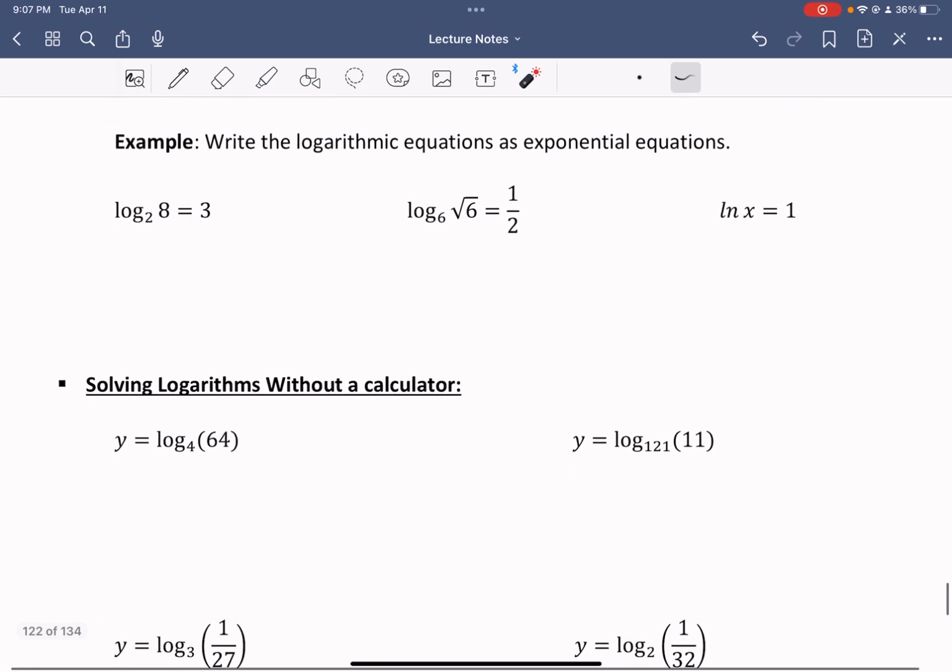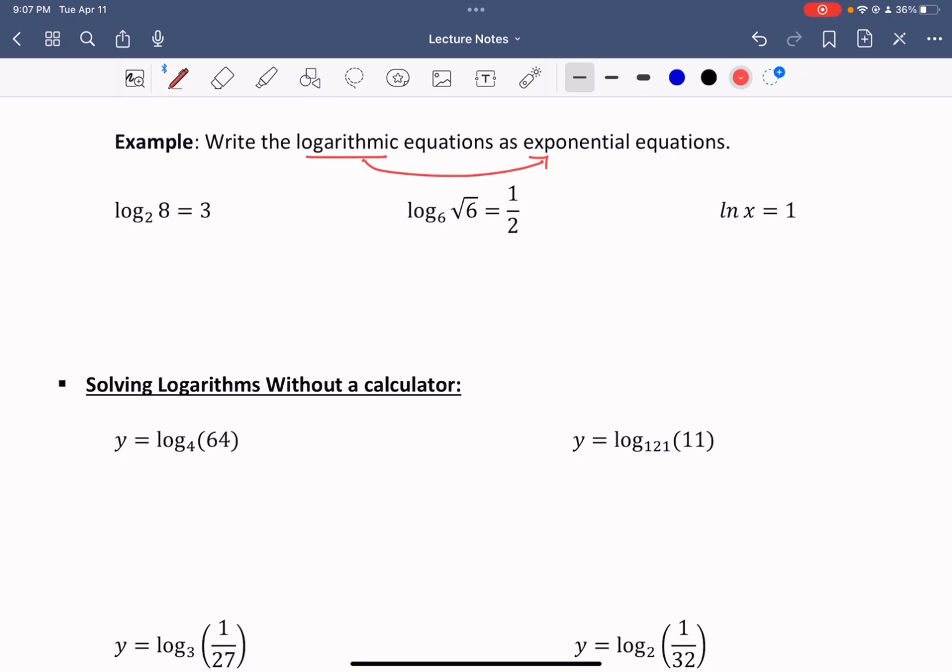Write the logarithmic equations as exponential equations. So now we're going from log to exponential, hoping that it'll kind of change it up. And this is where you're going to see those logical pieces come about. Again, we're not trying to solve for x. We're just trying to figure out another way to write this and be equivalent.